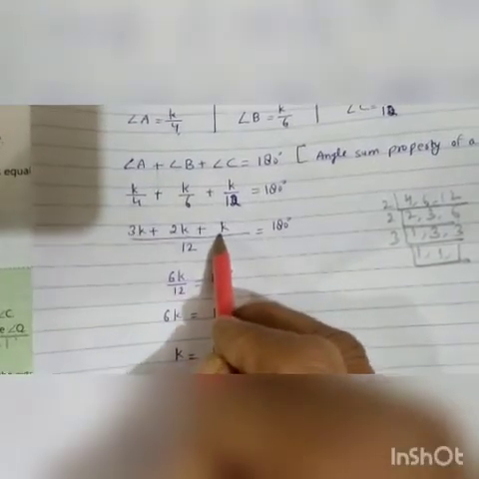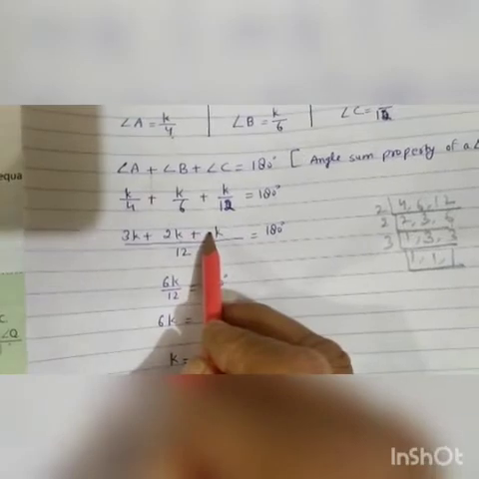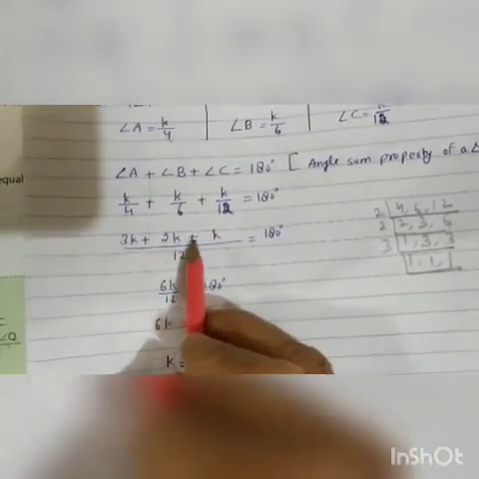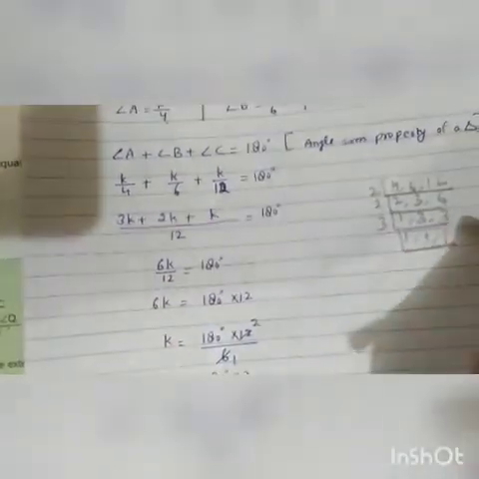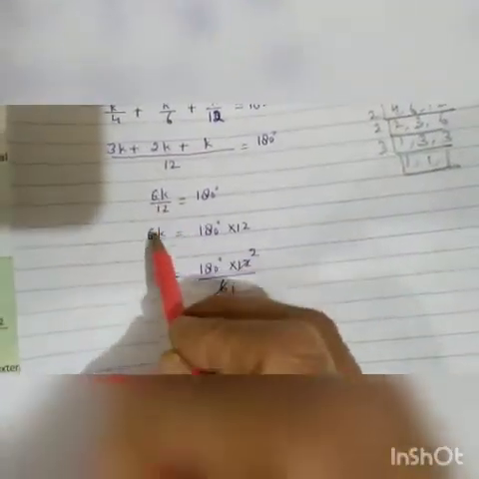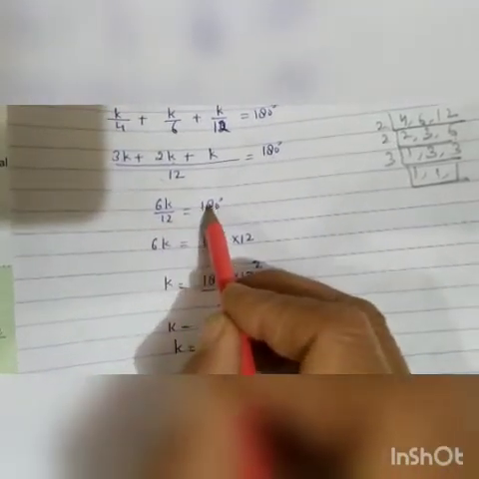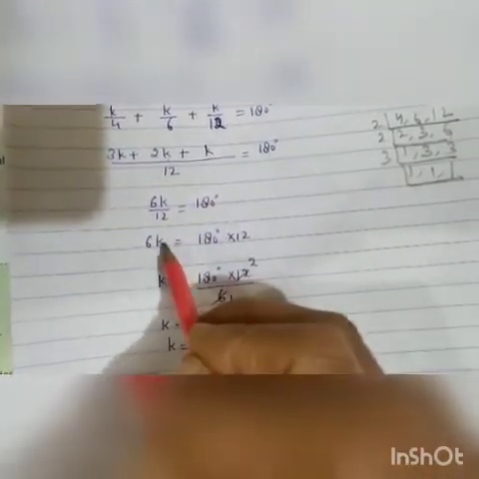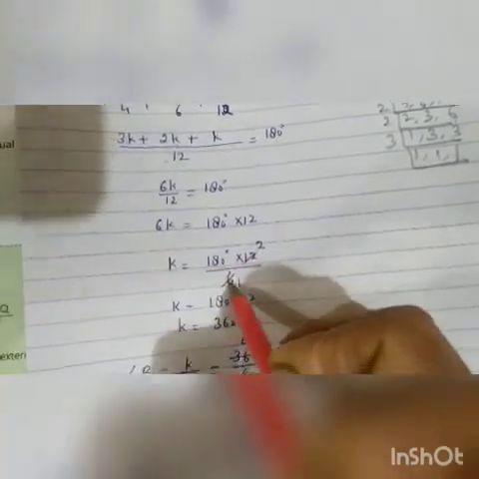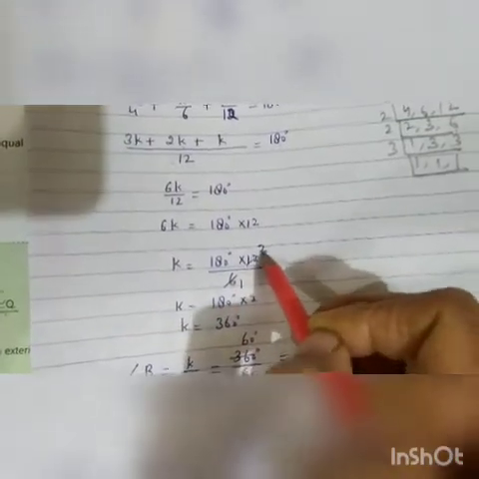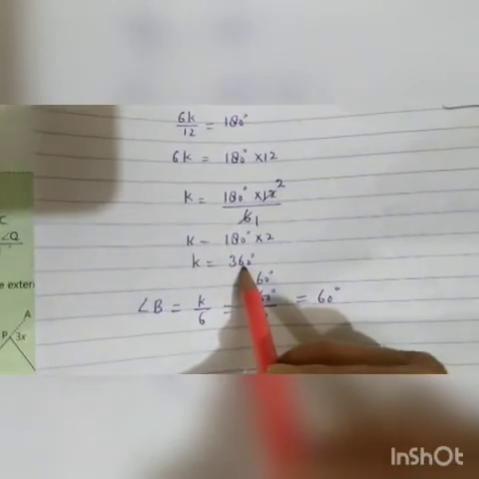Now add these terms, 3 plus 2, 5, 5 plus 1, 6, 6K upon 12 is equal 180. Now this 6K is equal 180 multiplied by 12. K is equal 180 multiplied 12 upon this 6. 6 1 ja 6, 6 2 ja 12. So K is equal 180 into 2, it is equal 360.